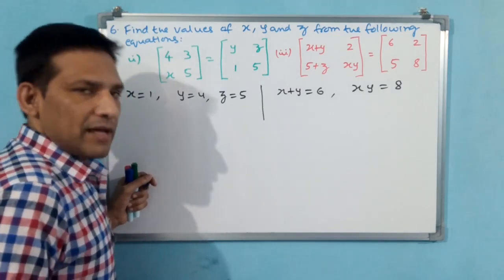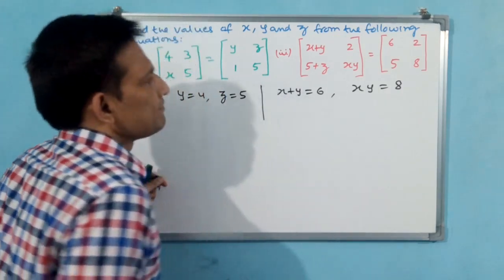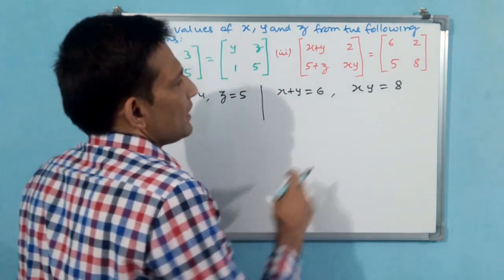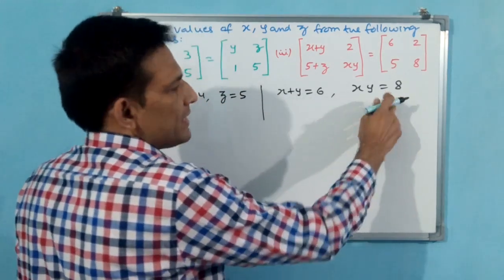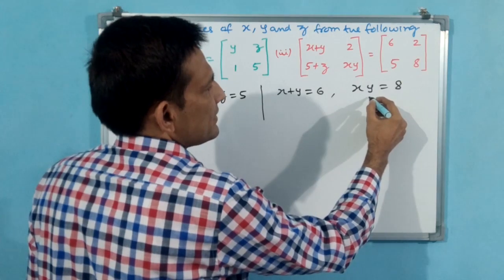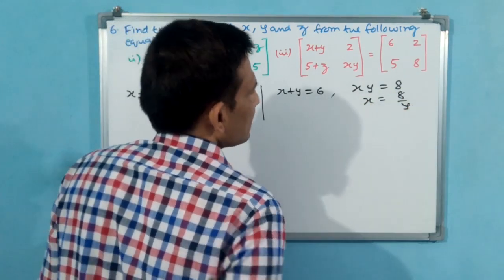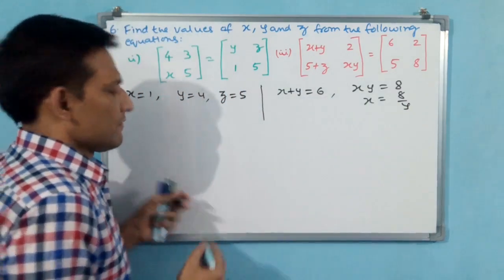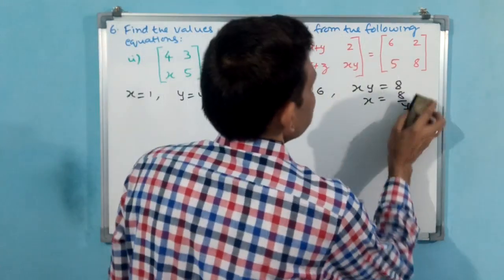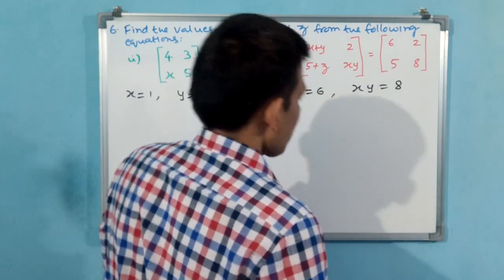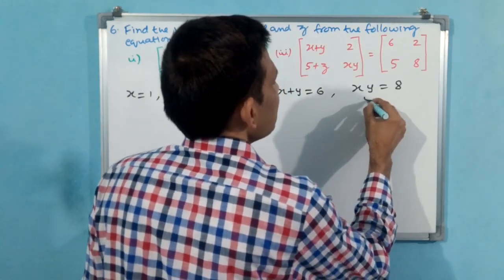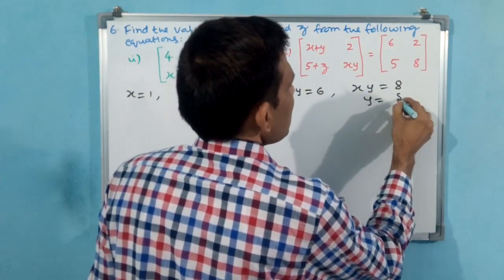You may get the x or y value in a quadratic equation. Let us see, xy is equal to 8. Shall I take x is equal to 8 by y? Or I will take y. Let us find x. y is equal to 8 by x.